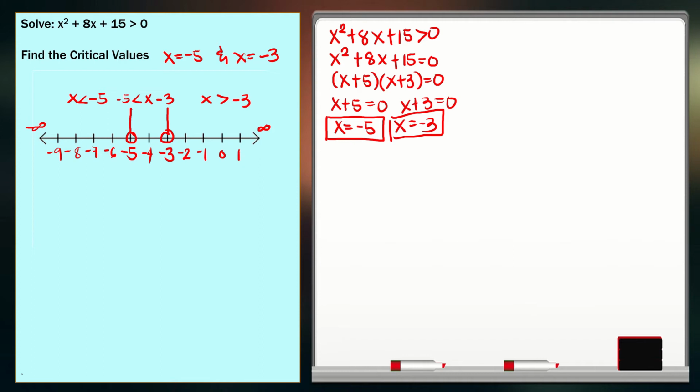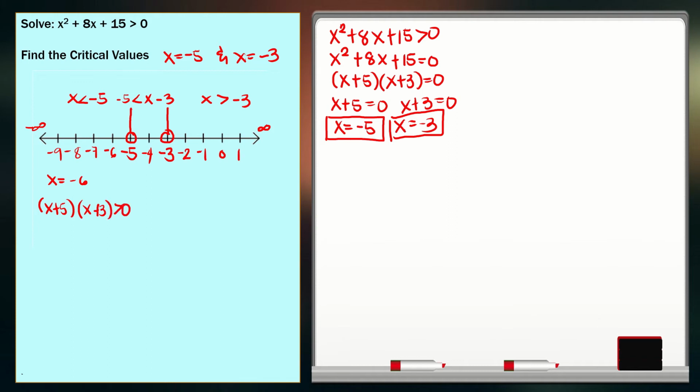From these intervals, we're going to pick a number. Suppose I'm going to use negative 6, so x is equal to negative 6. I will use the factors of x squared plus 8x plus 15 is greater than 0, so those are x plus 5 multiplied by x plus 3 is greater than 0.